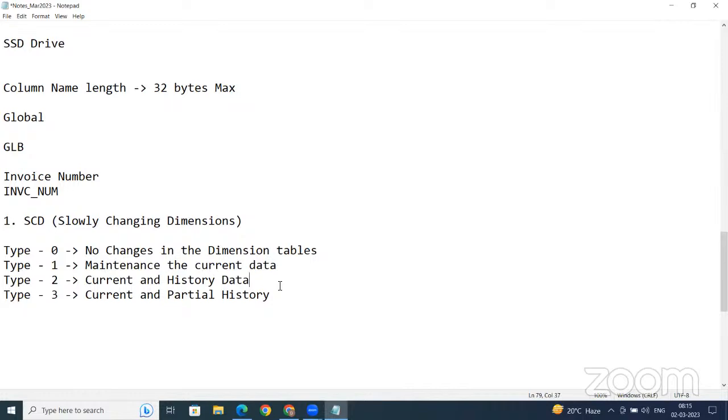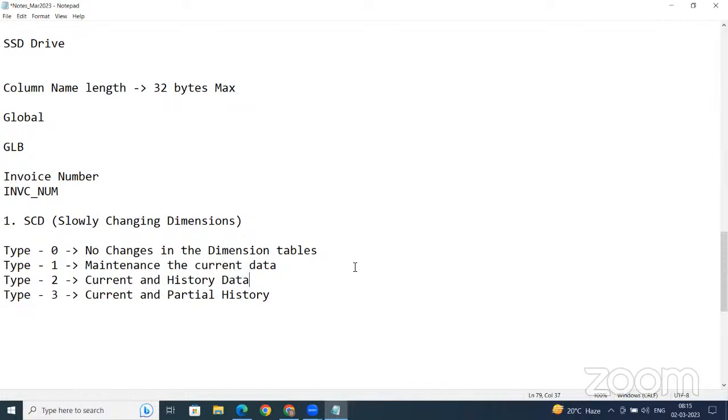Okay. So if you don't understand now, no need to worry. In practical live DataStage classes, I will show you how we can implement type 0 for the first time, type 1, type 2, and type 3. We will discuss this with practical examples.